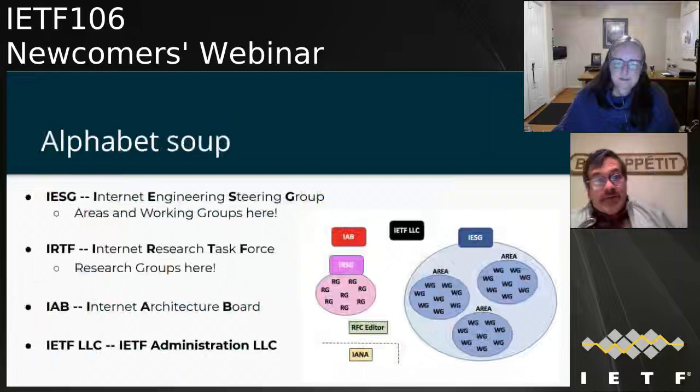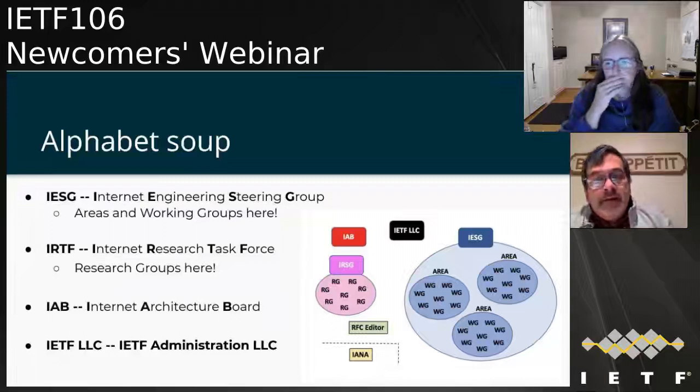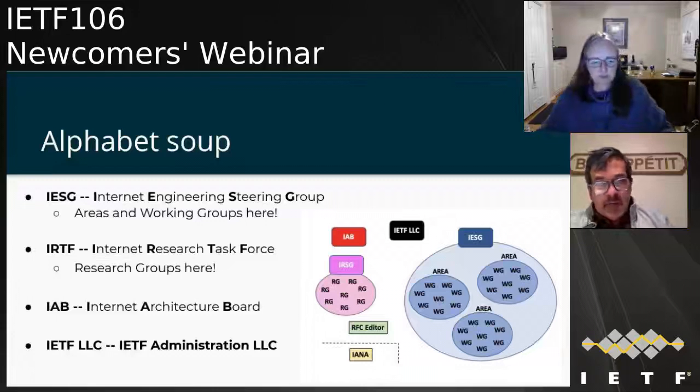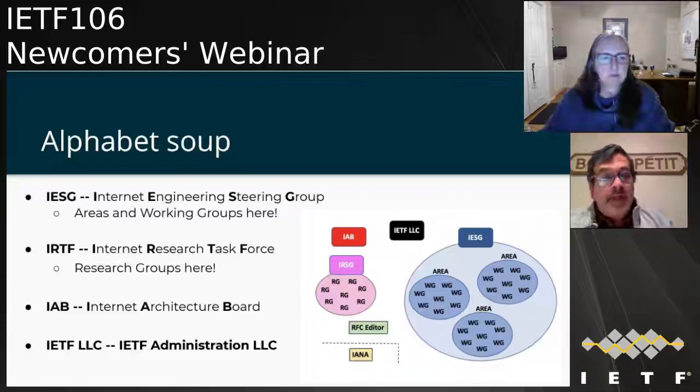The alphabet soup. So this is the ecosystem in which the IETF works. The IETF is that blue circle on the right. That is what we think of as the IETF. Looks like cell division. Each area, as I mentioned, there's 7 of them. Working groups are all within an area, and that's where the documents get published.